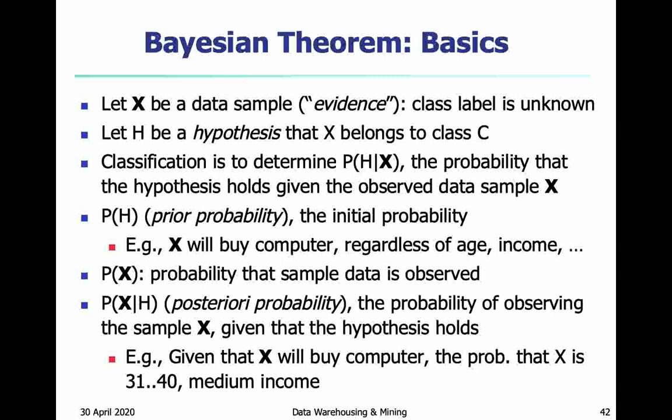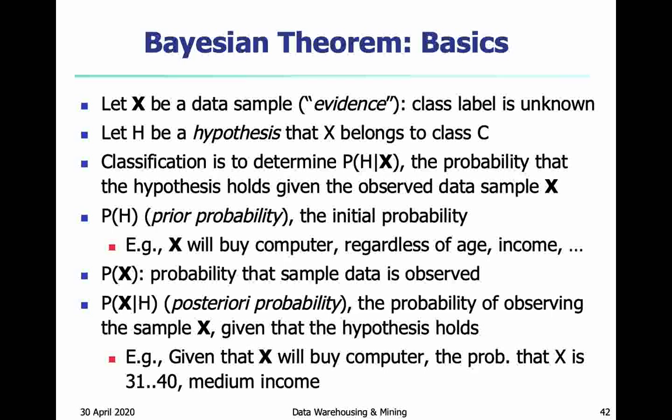Next one is what? So this P(H|X) is known as the posterior probability, right?